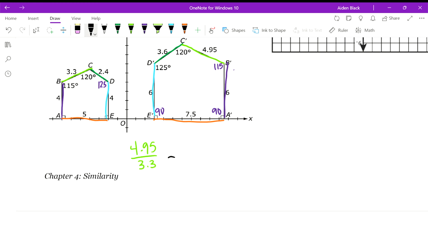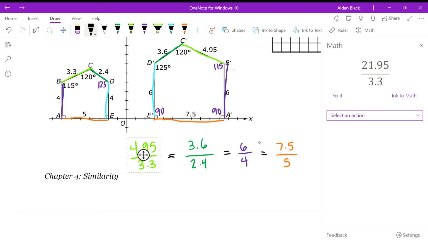And this should be equal to 3.6 divided by 2.4, which should be equal to 6 divided by 4, if you do the blue sides. And then finally we can do 7.5 divided by 5.